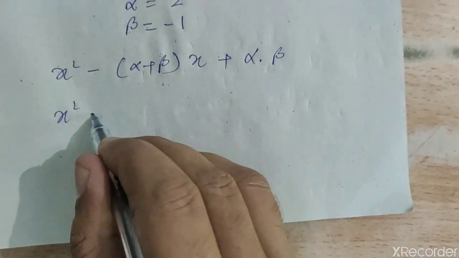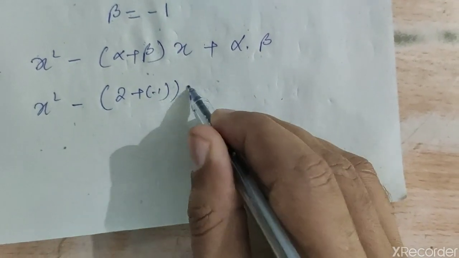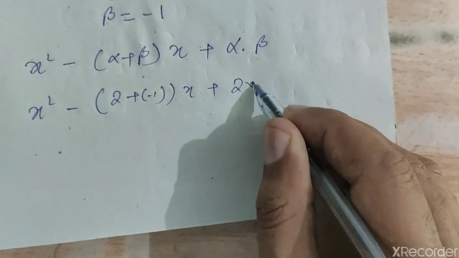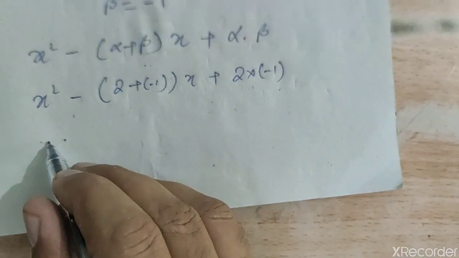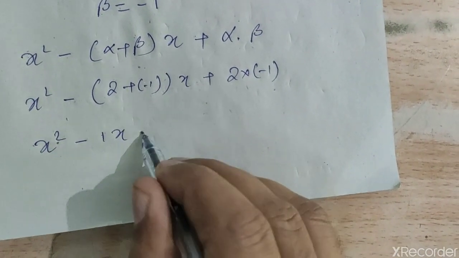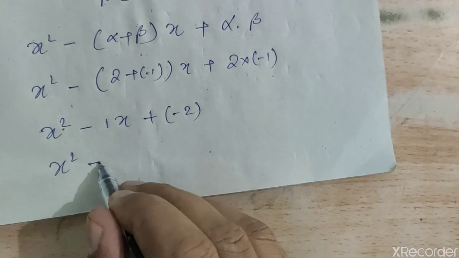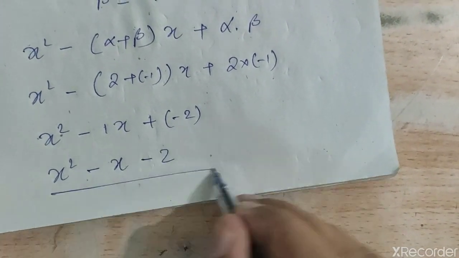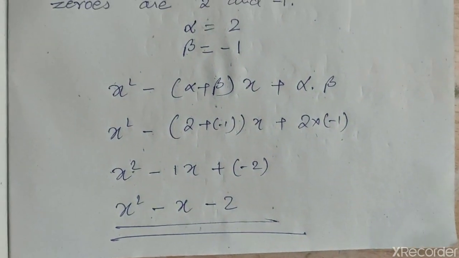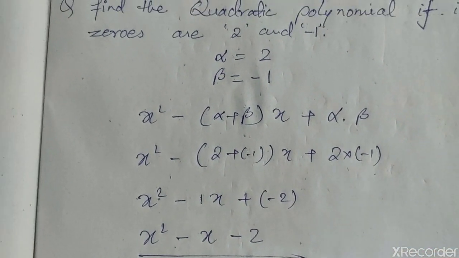So x square minus (2 plus minus 1) x plus 2 into minus 1. This becomes x square minus 1x plus minus 2. So x square minus x minus 2 is the quadratic polynomial. So in this way we can do the questions.